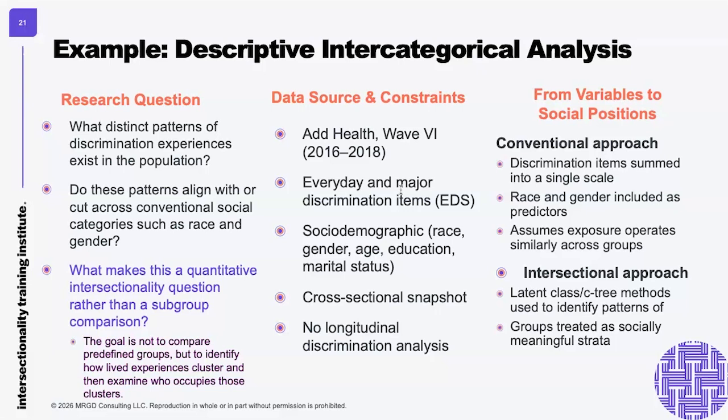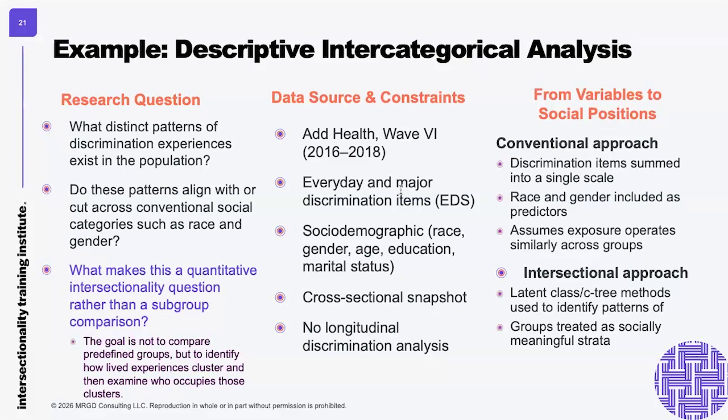And then the next step is seeing how they align with social positions. So the second question is, do these patterns align with or cut across conventional social categories, such as race and gender? Another note you might want to make is that when we do LCA, especially in an intersectionality framework, we always have two research questions.